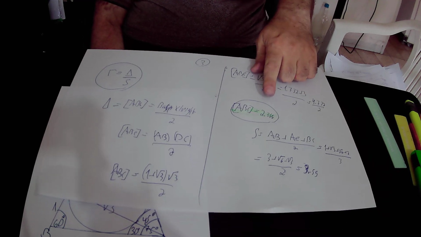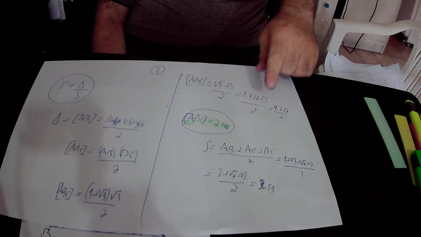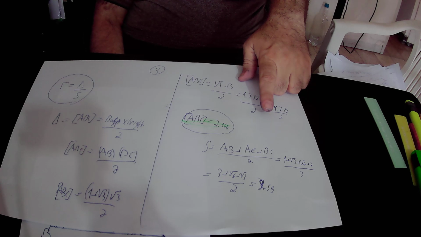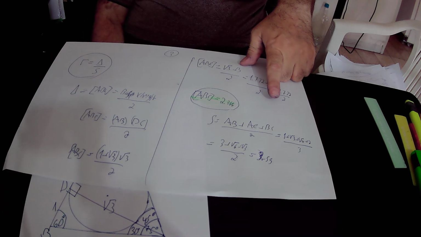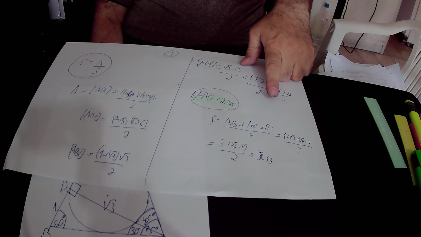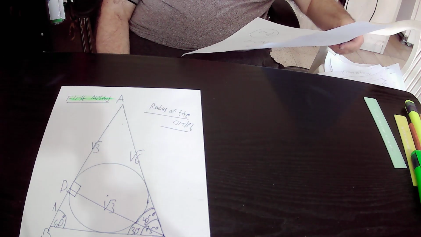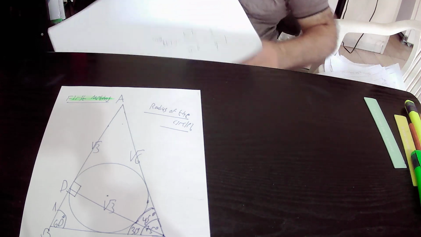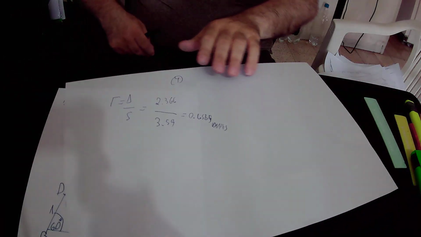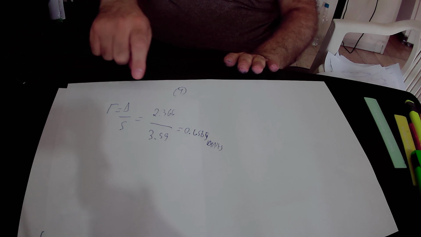2.366 square units. The semi-perimeter of triangle ABC equals the sum of its sides over 2. The sum of its sides is AB plus AC plus BC, and if we divide by 2, we get the semi-perimeter, 3.59. So the radius of the circle described by triangle ABC equals the area over the semi-perimeter.